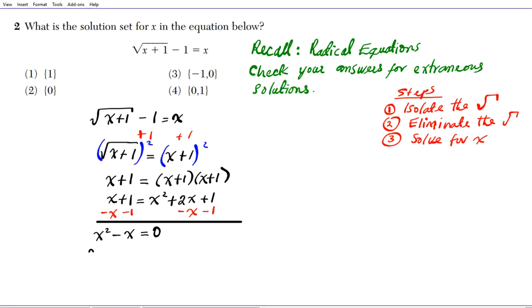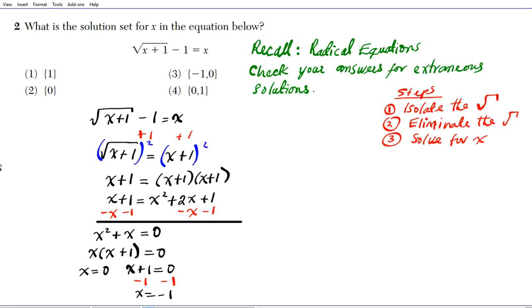Well, we can factor. Let's factor out x. Well, plus 2x minus x is plus x right there. So we'll factor out x, and then we are left with x plus 1 equals 0. And then we'll now set both factors equal to 0 using the zero product property. The first one is already solved. This can be solved by subtracting 1 from both sides, and you have x equals negative 1.